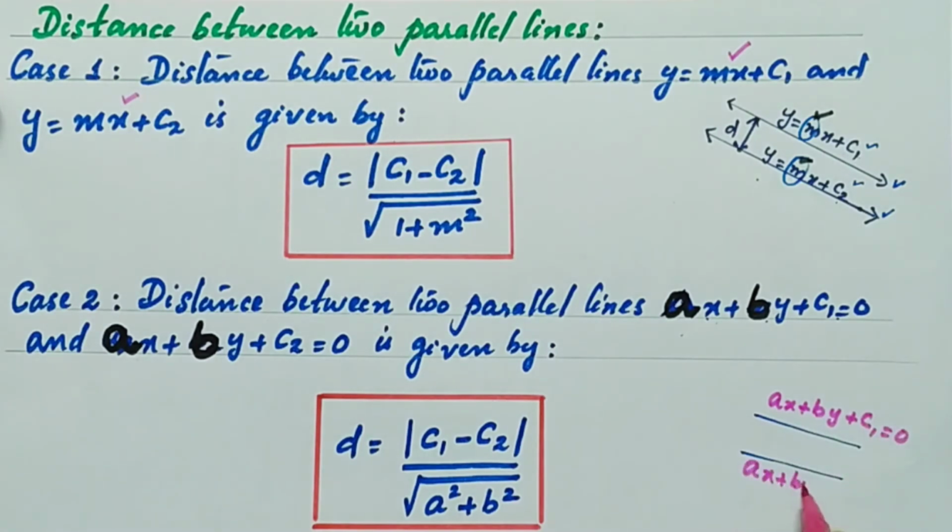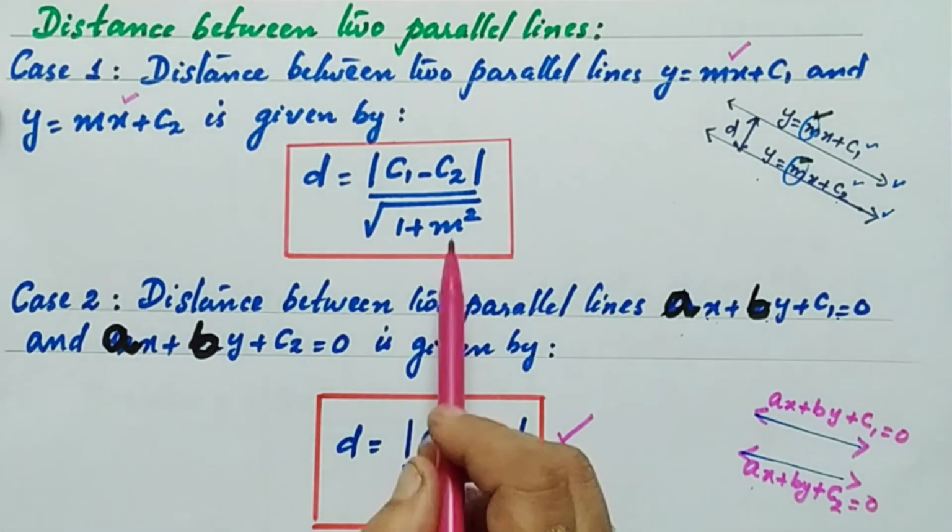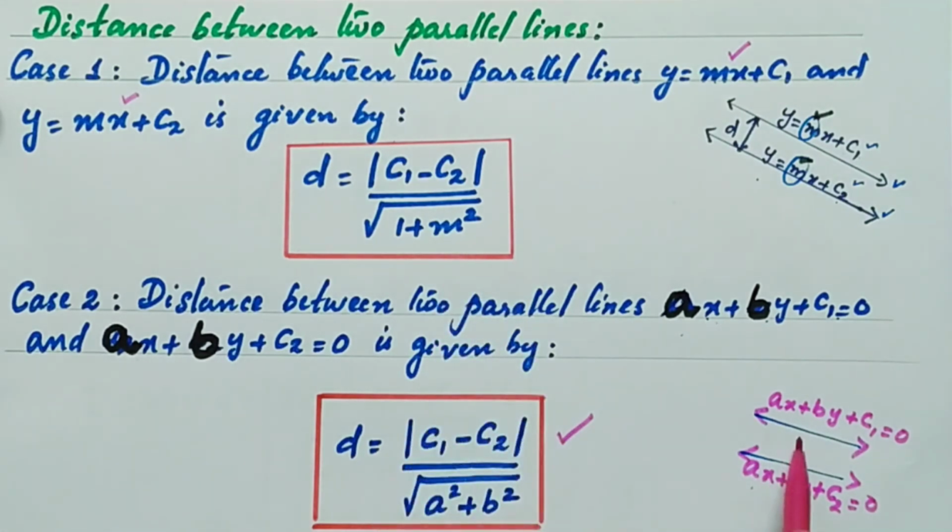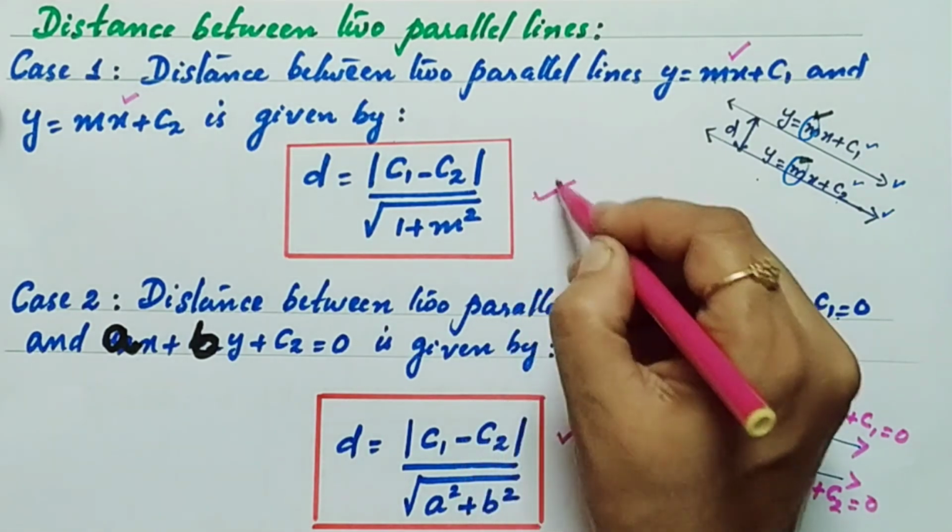The only difference comes in the constant term. So, if the given lines are in the form ax plus by plus c1 equal to 0 and ax plus by plus c2 equal to 0, distance can be found out by using the formula. The same numerator, absolute value of c1 minus c2 by root of, instead of the slope m, you need to apply root of a square plus b square. So, learn these two formulas by heart.